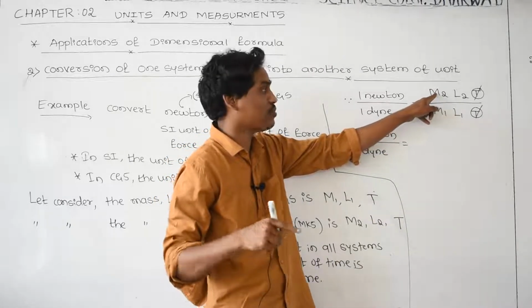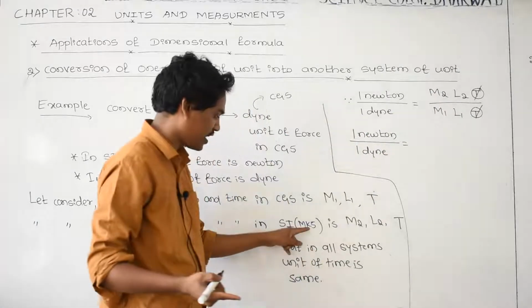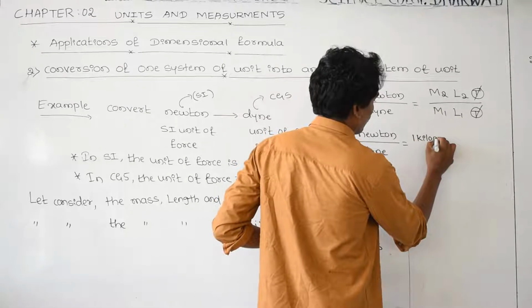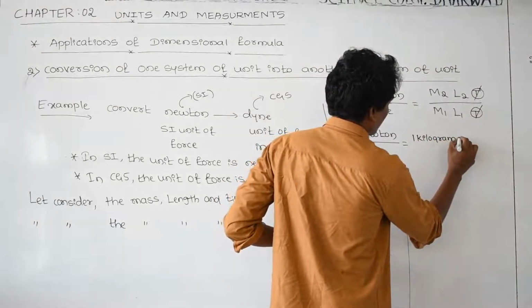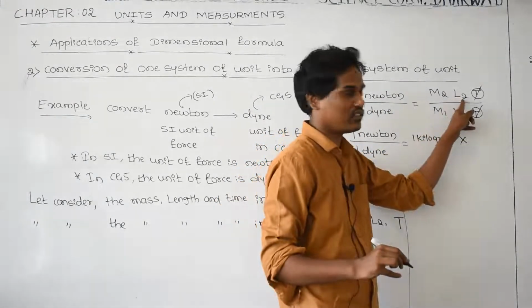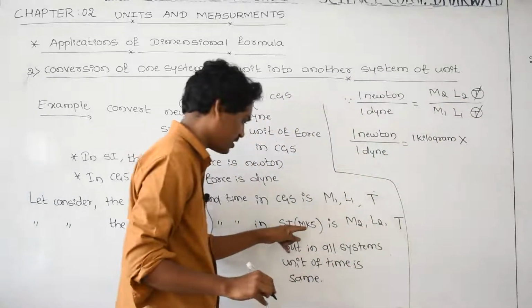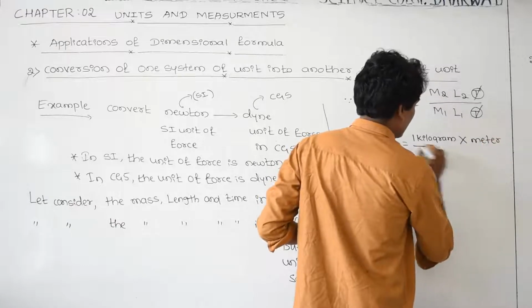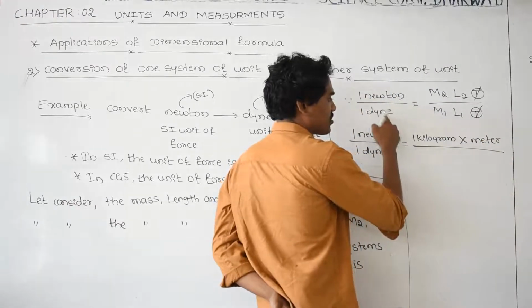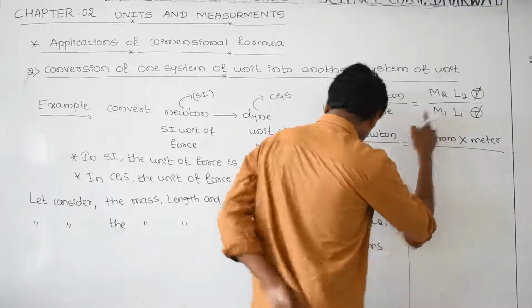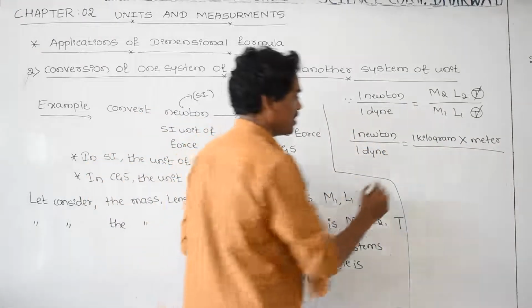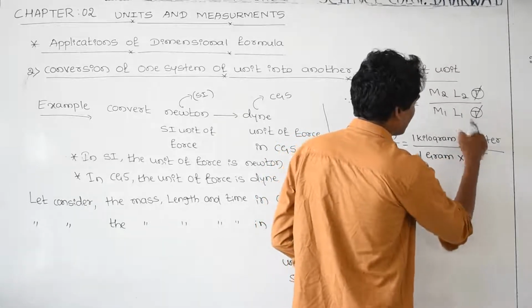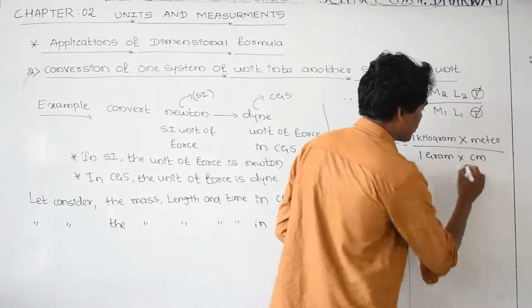What is M? This is mass. Mass means here 1 kilogram. Into what is L? Length. Length means here meter, in the SI system, divided by M1 in CGS, that is mass, 1 gram, and here length means 1 centimeter.